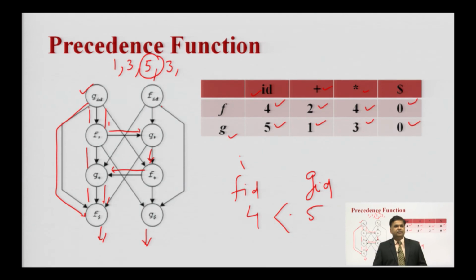And we find that F(ID) and G(ID), suppose, is having the relation which was earlier missing. F(ID) is having less precedence than G(ID).